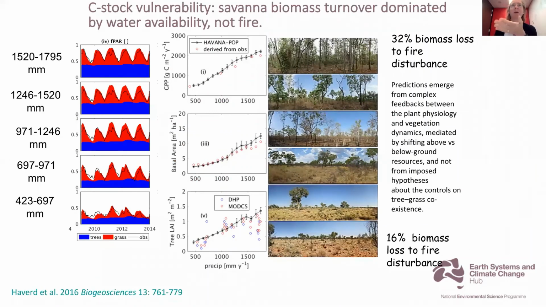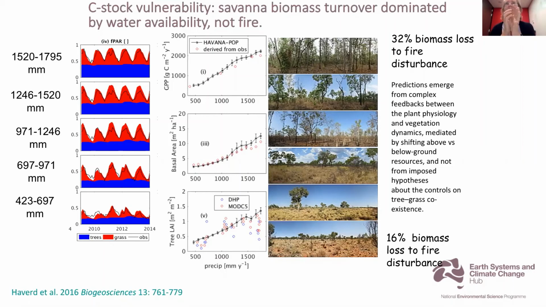So what we'd like to know is how fire is affecting the carbon balance in time, and how much that is perturbing carbon stocks compared to, for example, drought or water limitation.